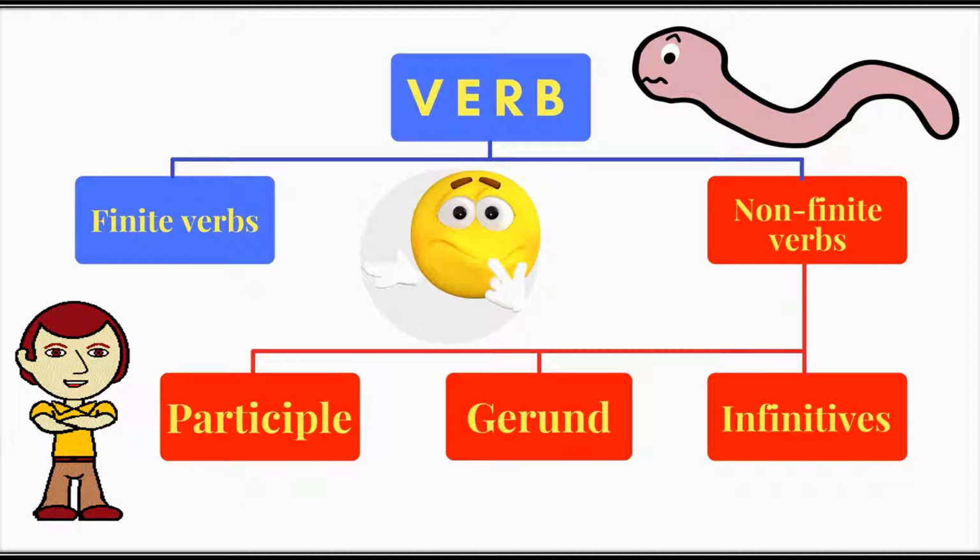Non-finite verb is again divided into three, that is participle, gerund and infinitive verb. So let's study more about finite verb with its definition, non-finite verb along with its definition, also the parts of participle, gerund and infinitive verbs.